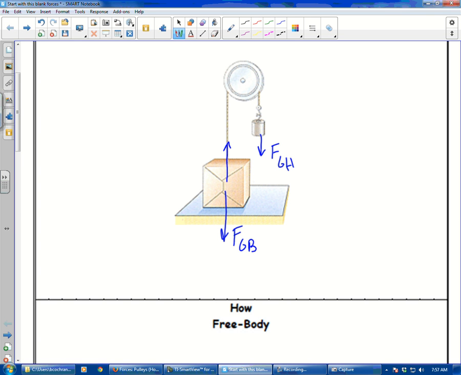There would be a normal force here and a tension. And if there's a tension up there, there has to be a tension down here. And same here, a tension and tension.